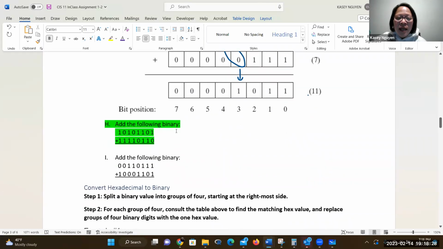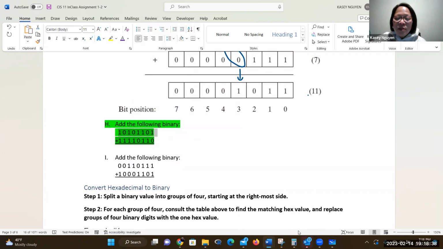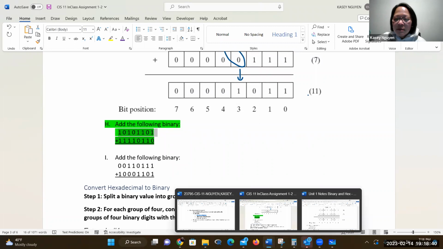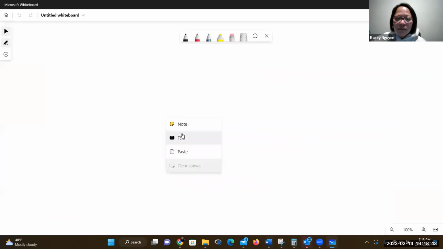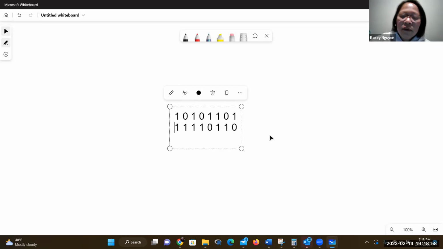I'm going to go ahead and have this value. Let me copy and paste it. So I'm going to do this with you. Let me line it up real good here. Okay, so we are going to go from the right-hand side, just like how you add.